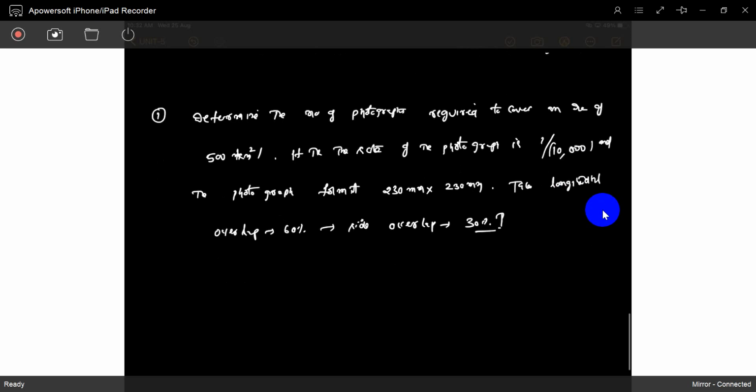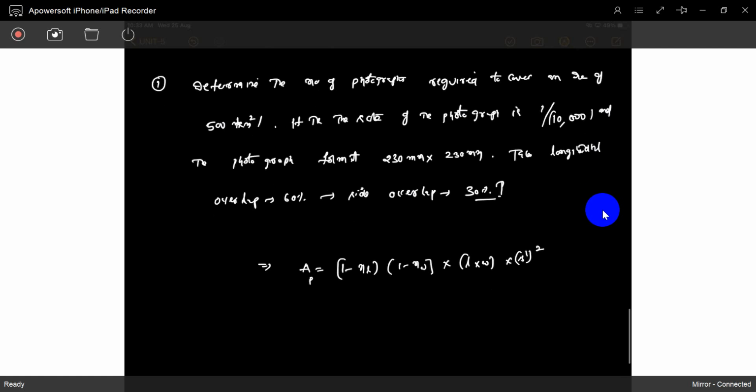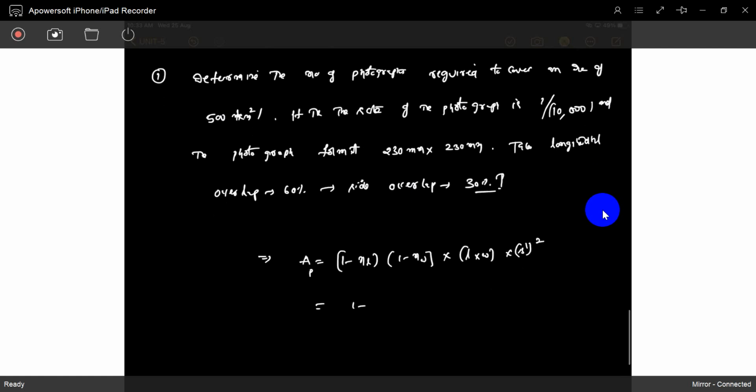So find out the number of photographs. First, how much area is effectively covered on the ground by one photograph? Photo area times (1 minus length overlap) times (1 minus width overlap). The area of the photograph is scale opposite to scale squared. We already know it. So 1 minus 0.6, 1 minus 0.3.